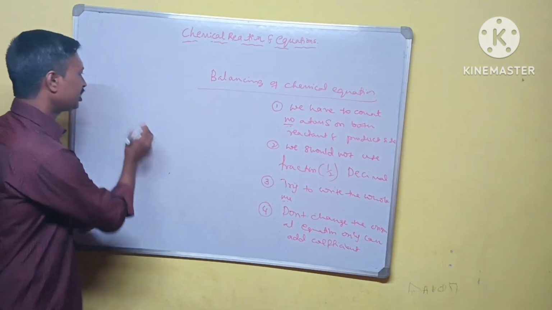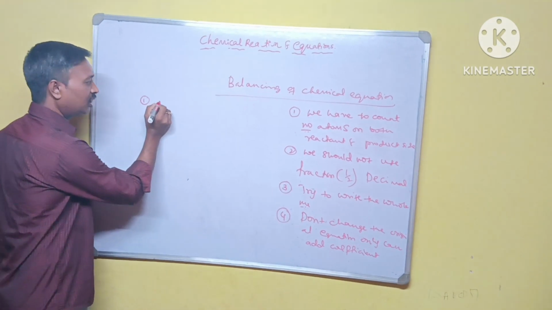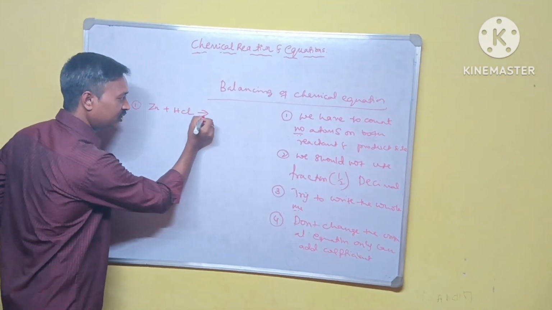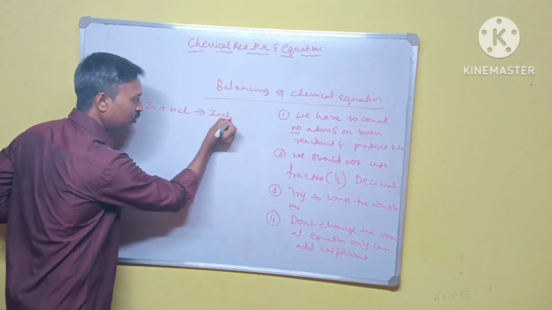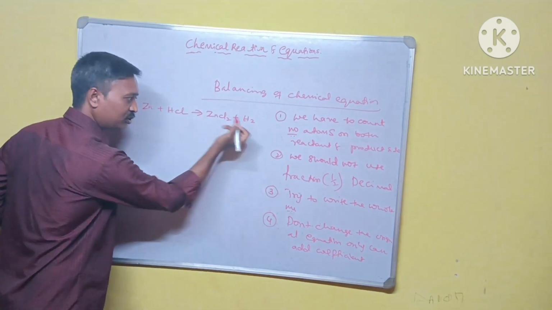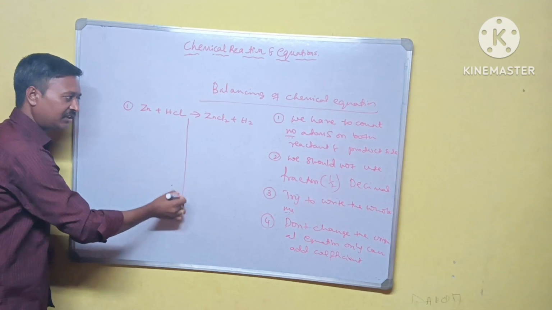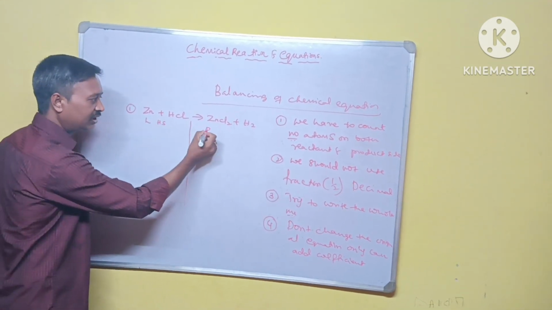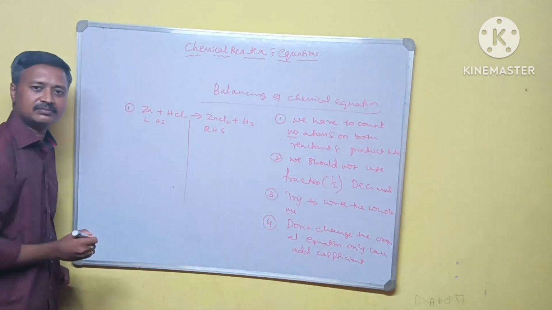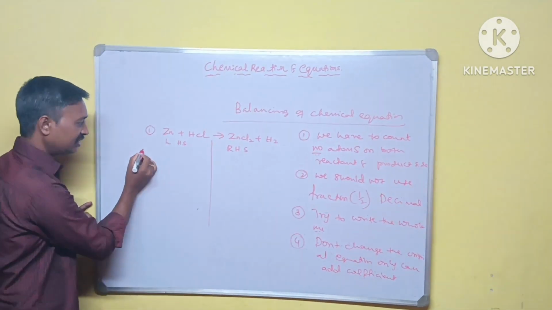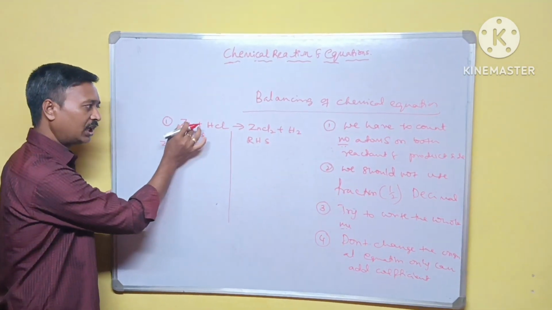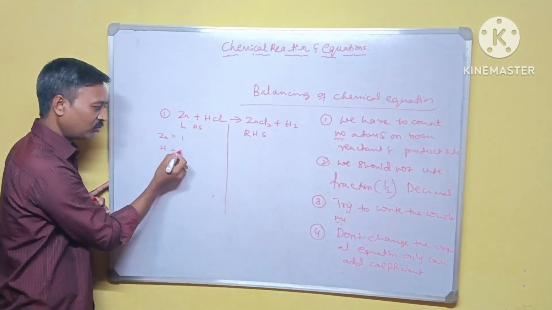Now I will teach you. First one is Zn plus HCl gives ZnCl2 plus H2. Divide the equation into two parts, LHS and RHS. Write the atoms. How many Zn are here? 1. How many H? 1.